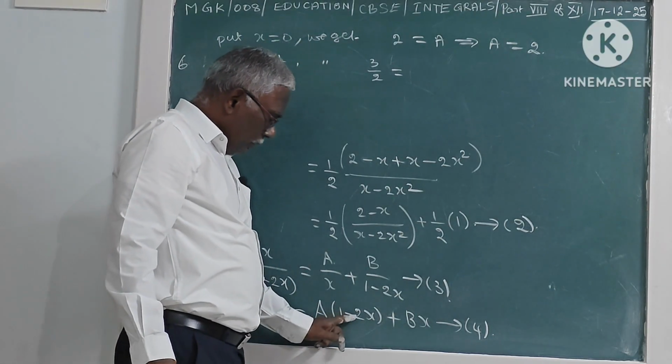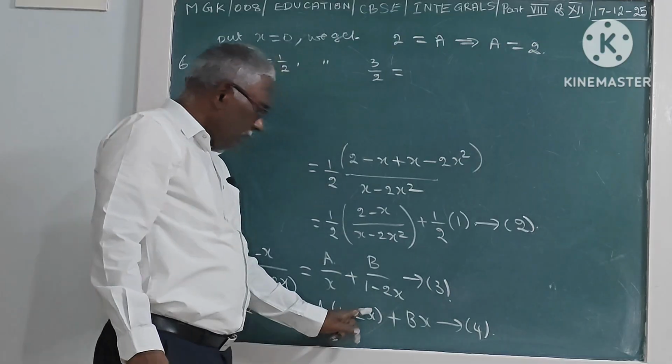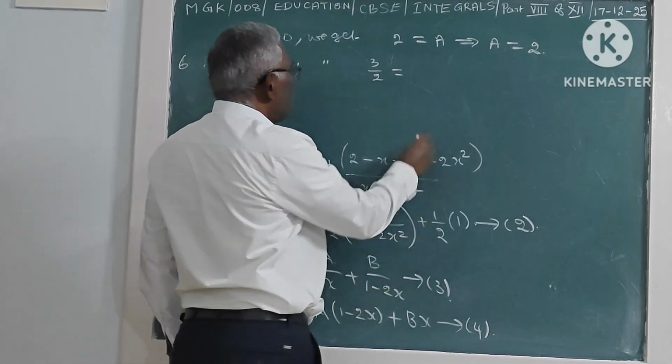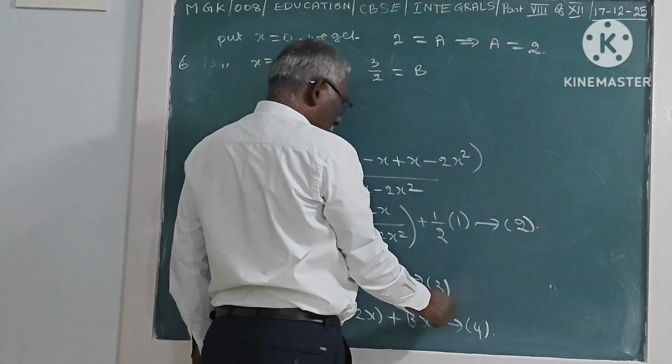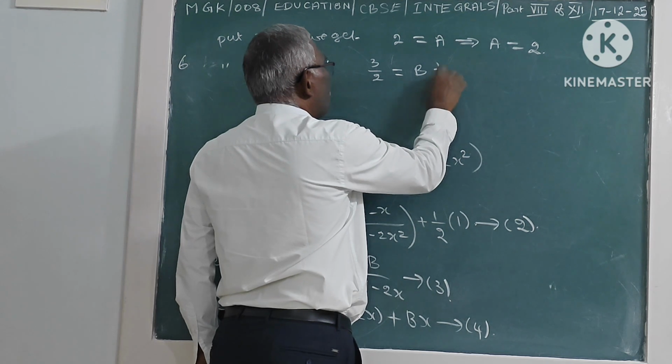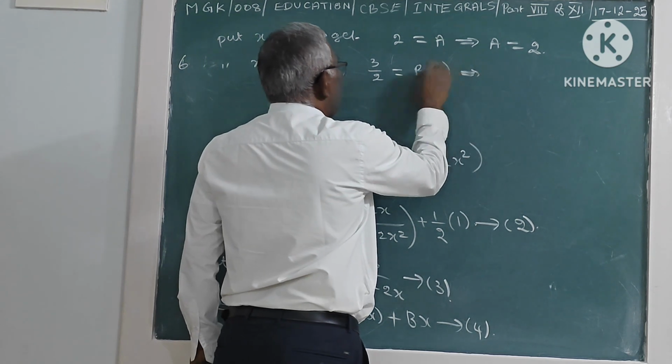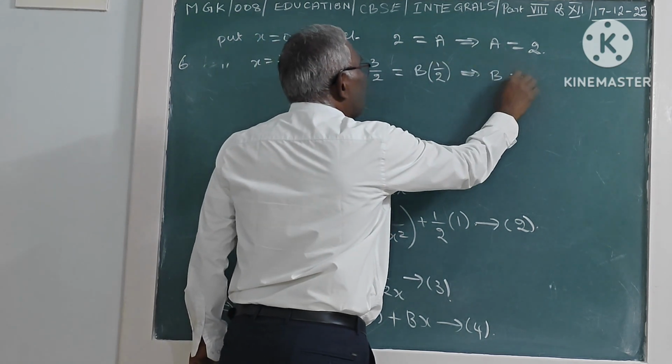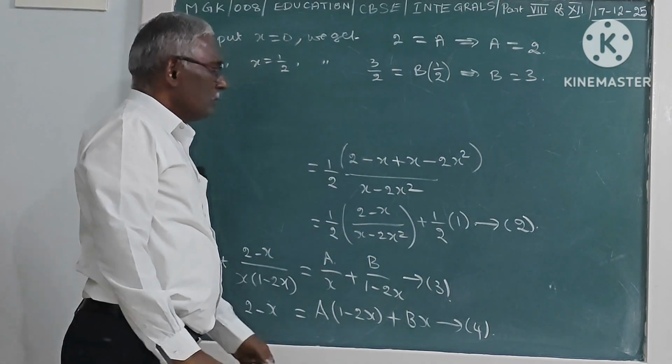This becomes 0, 2 into half, 1 minus 1 becomes 0, plus b into x is half. So this gives the value of b is equal to 3.